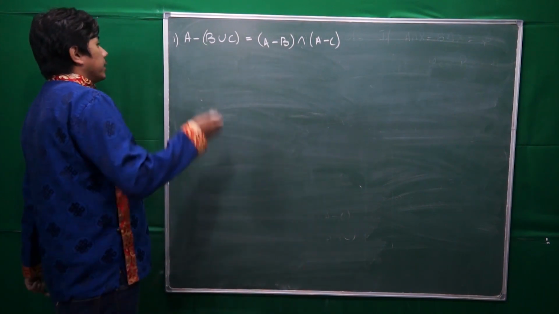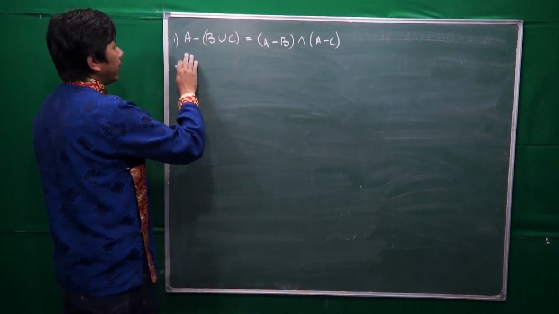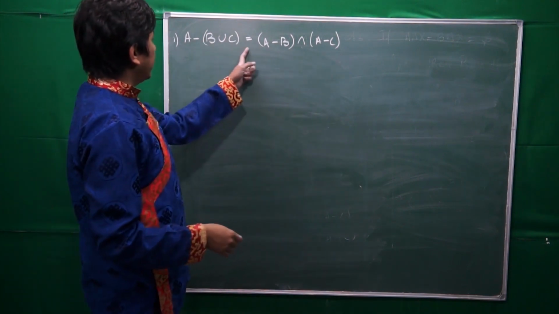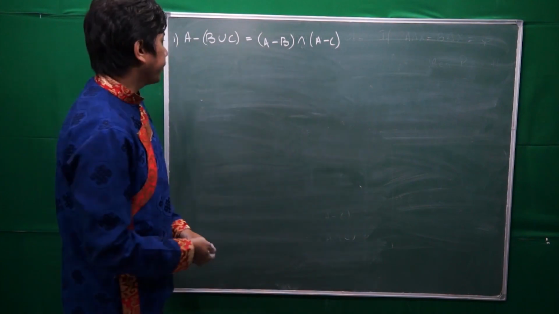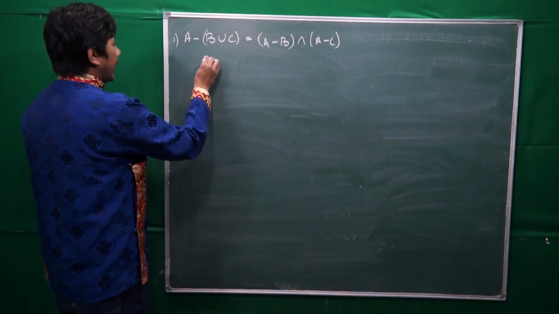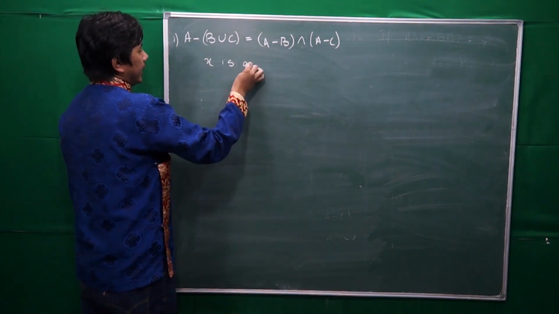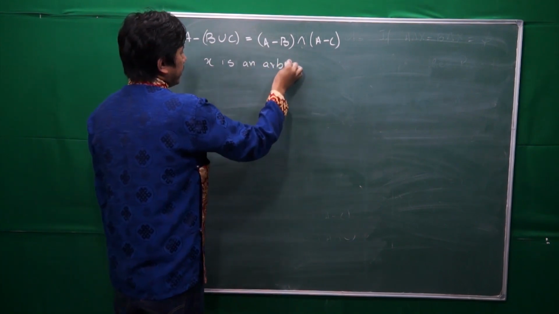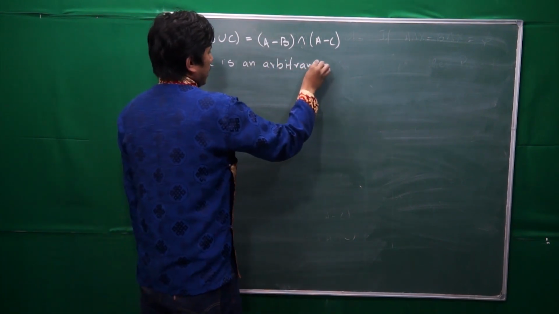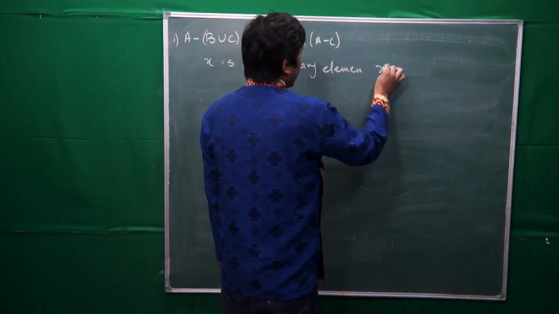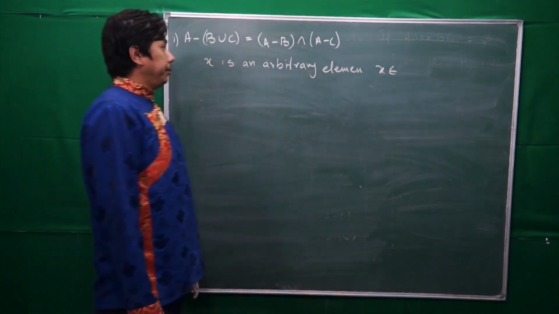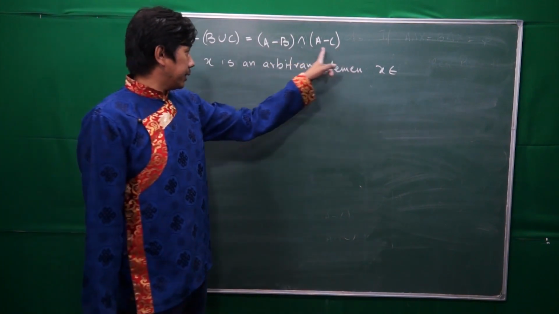All right. So to begin with, we have A minus B union C equals A minus B intersection with A minus C. Now let's say X is an arbitrary element such that X belongs to this set.